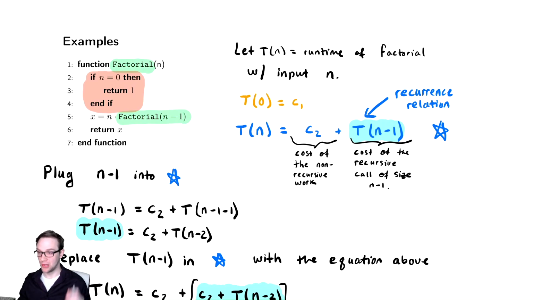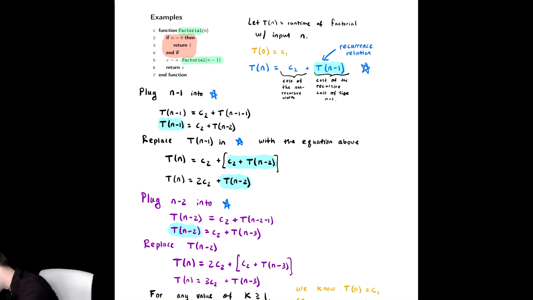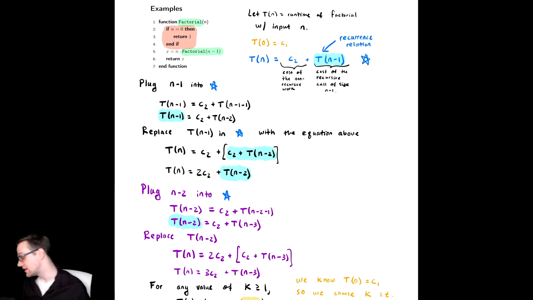We then plug in whatever values are on the right-hand side back into the equation over and over again to identify a pattern. In this case, that involved plugging n minus 1 and n minus 2 back into that equation twice, and then we tried to identify a pattern between all of these different expressions.